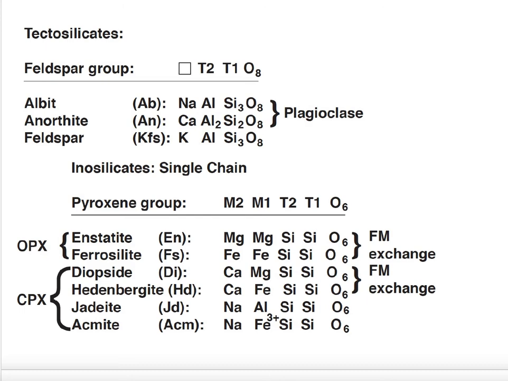All pyroxenes on this planet have 6 oxygen. So then we are making the magnesium end member enstatite. We have Mg2Si2O6. We are having the magnesium sitting on the two octahedral spaces, and we have the 2 silica sitting on the 2 tetrahedral spaces and the 6 oxygen.